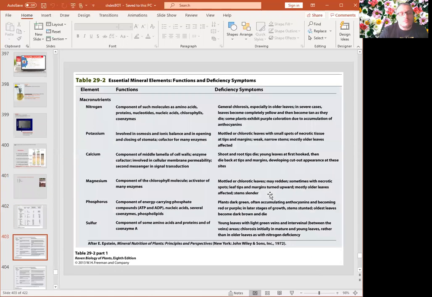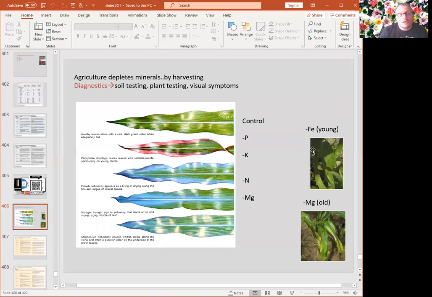Okay, so each nutrient has a function and deficiency symptoms. We are going to look at some of these. You can see in this picture here, a leaf will be just a dark regular green color, but if it is missing nitrogen or iron or magnesium, it might start showing chlorosis, yellowing colors. But then how can we separate them? Is it iron or magnesium?